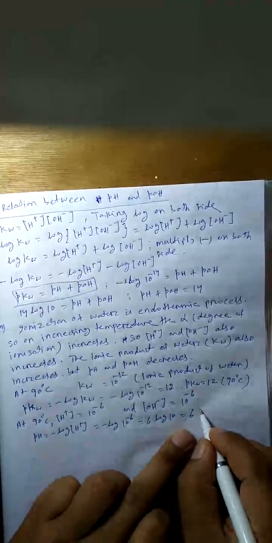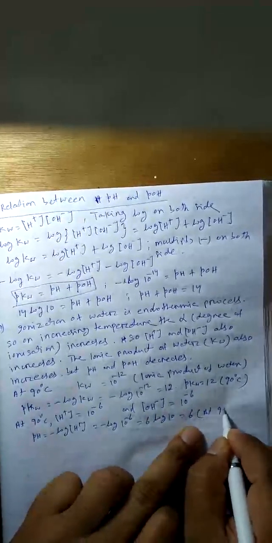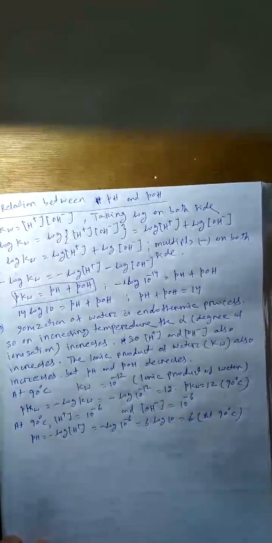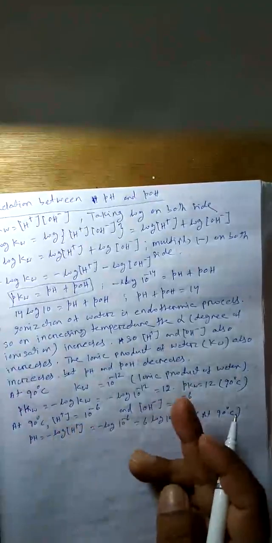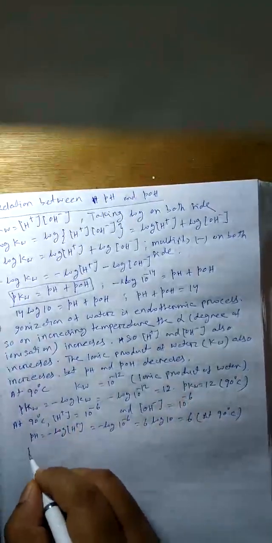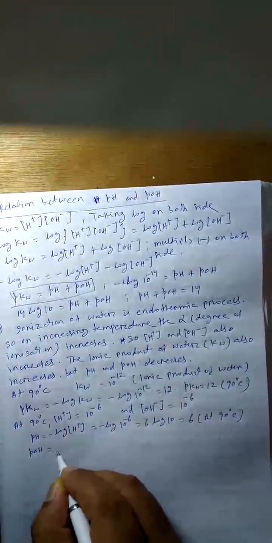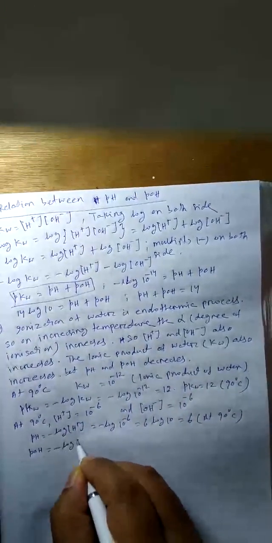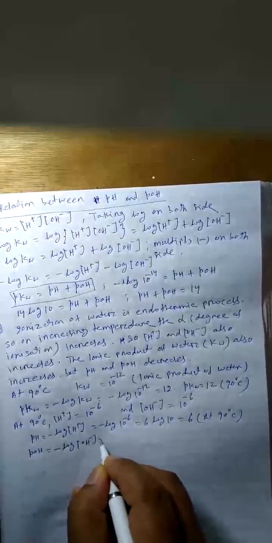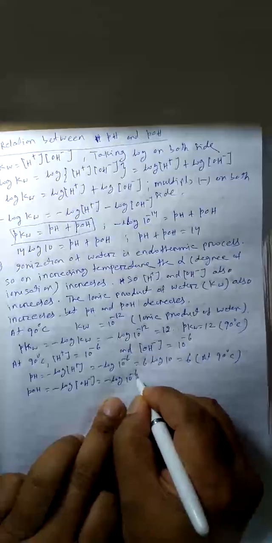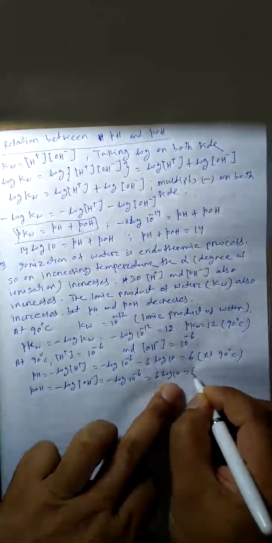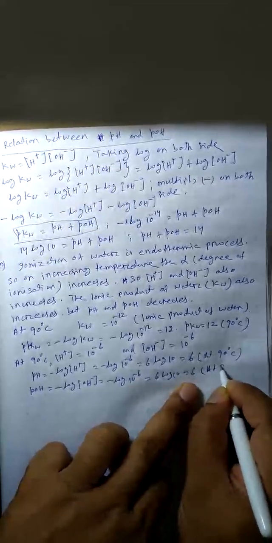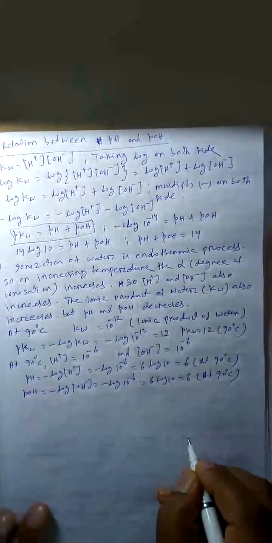This is at 90 degree centigrade, pH is equal to 6. pH decreases, but H plus concentration increases. Similarly we get pOH: minus log OH minus concentration, minus log 10 to the power minus 6, is equal to 6 log 10, is equal to 6 at 90 degree centigrade.